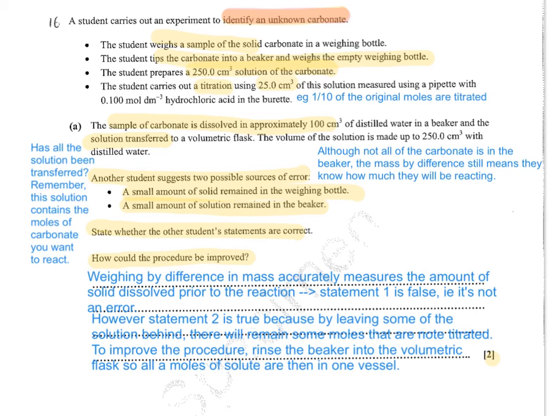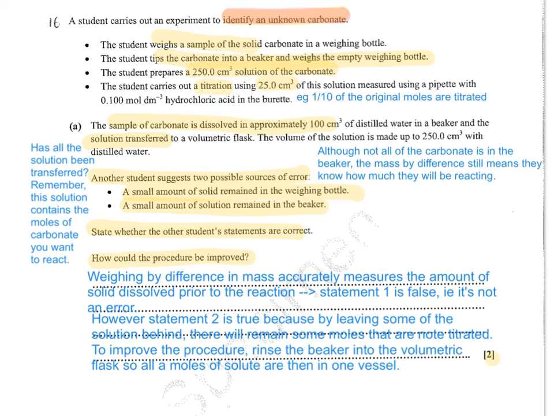So statement 1 is false because it's not an error. Because like we've said up here, not all the carbonate is in the beaker, but the mass by difference will mean that the person doing the titration will know exactly how much they will be reacting. In the second statement, a small amount of solution remained in the beaker.